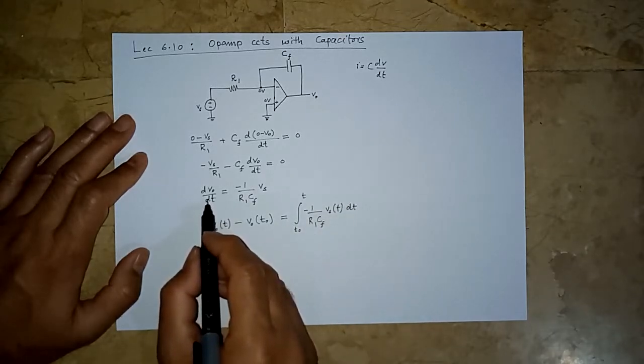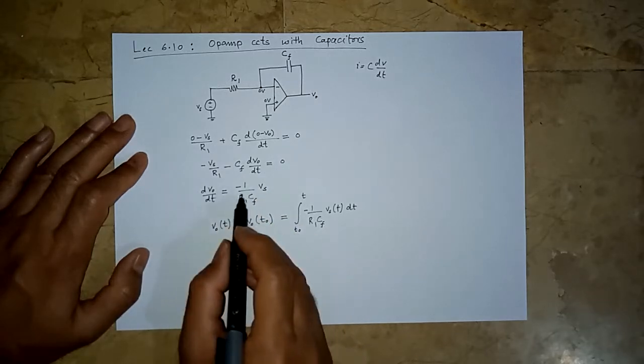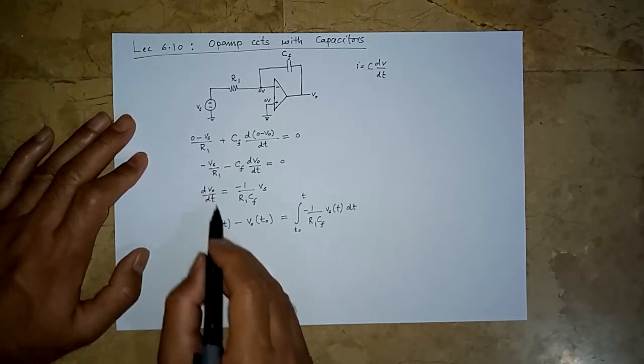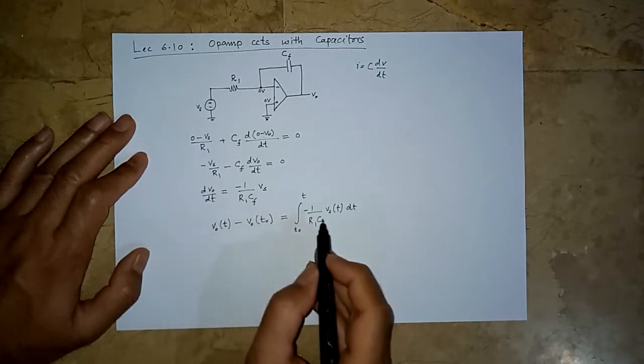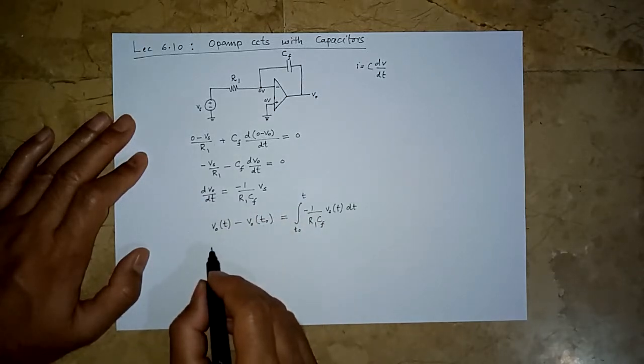So here the integration is with respect to time, and here the integration will be with respect to v naught. So that is actually what happens.